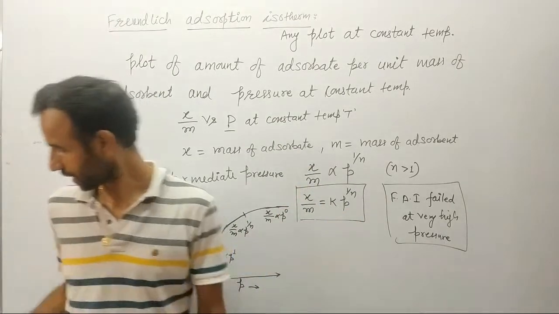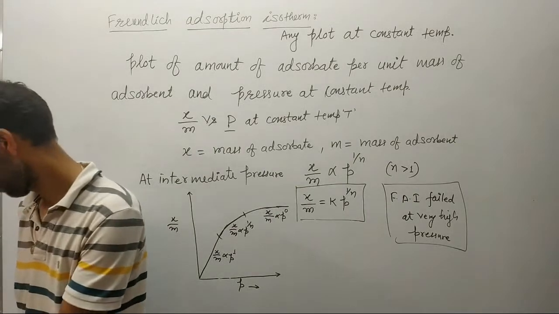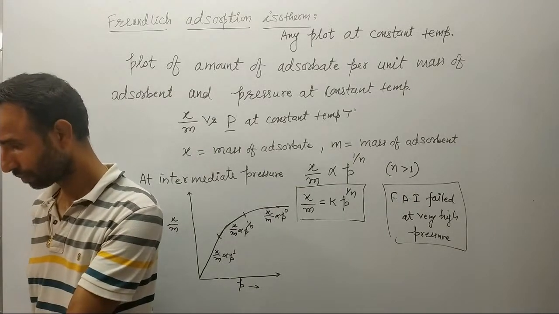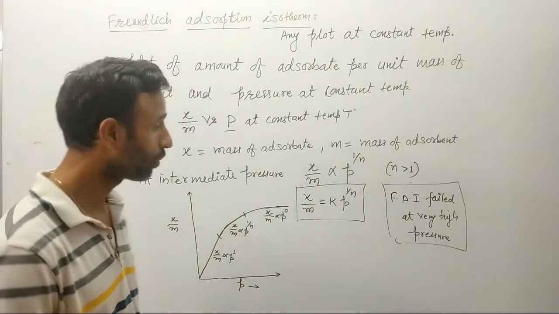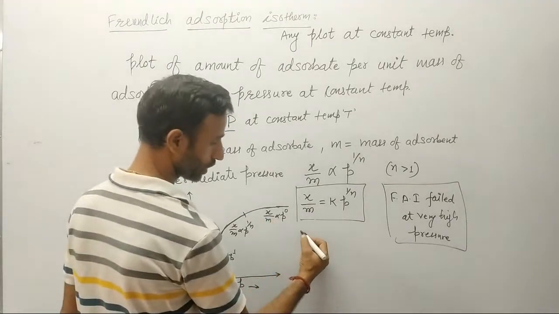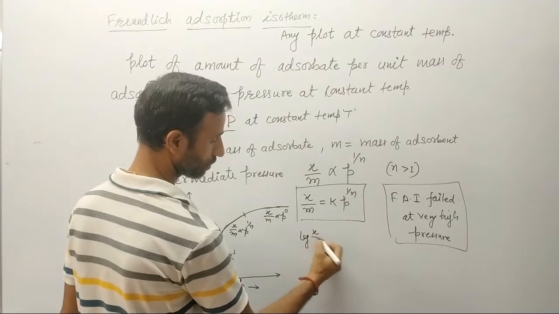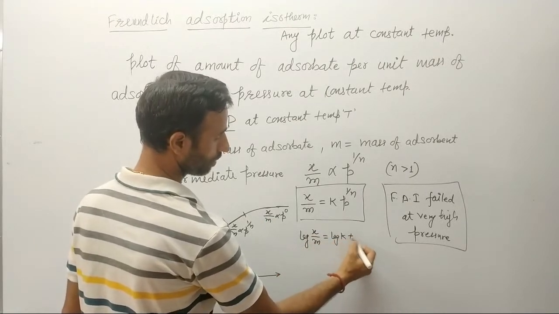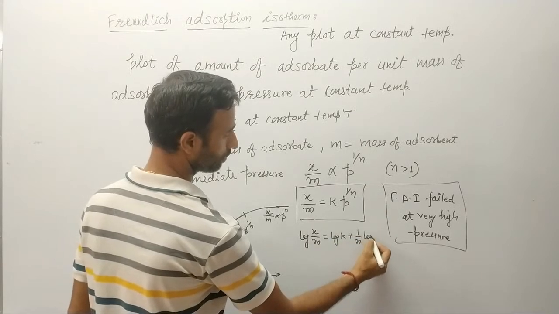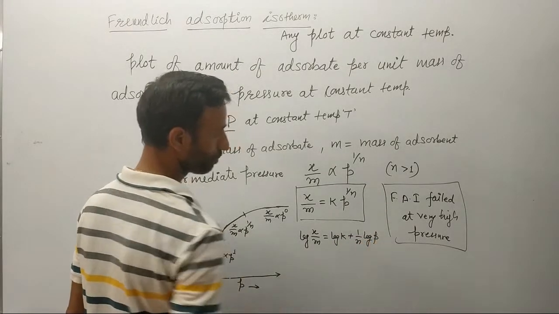Right? Any doubt in it? Yes, beta. Any doubt up to this? Now, if we take log on both sides, log x upon m is equal to log k plus 1 upon n log of p.